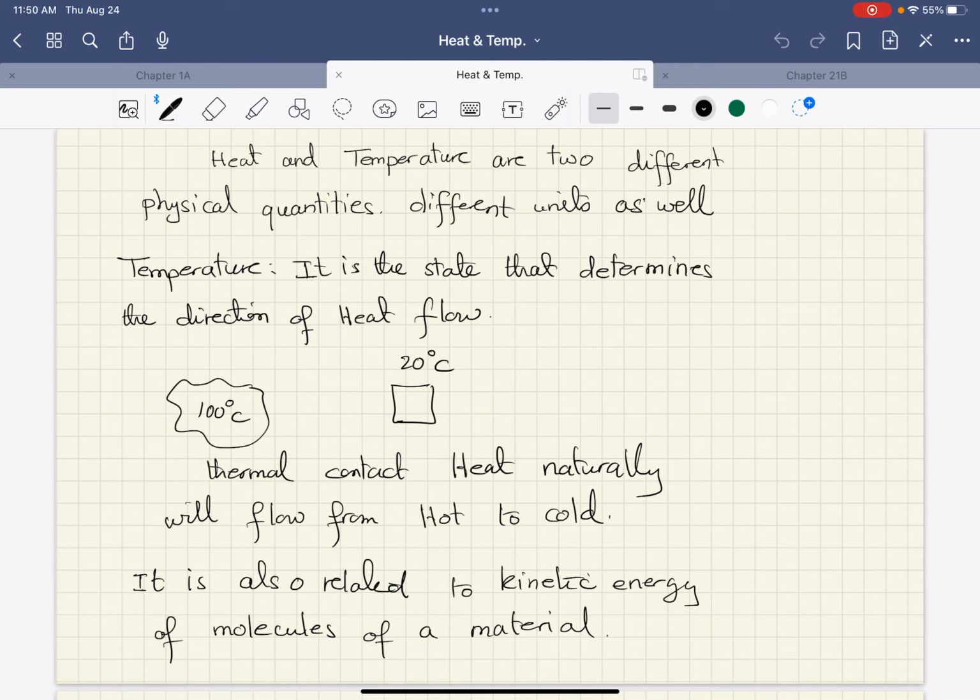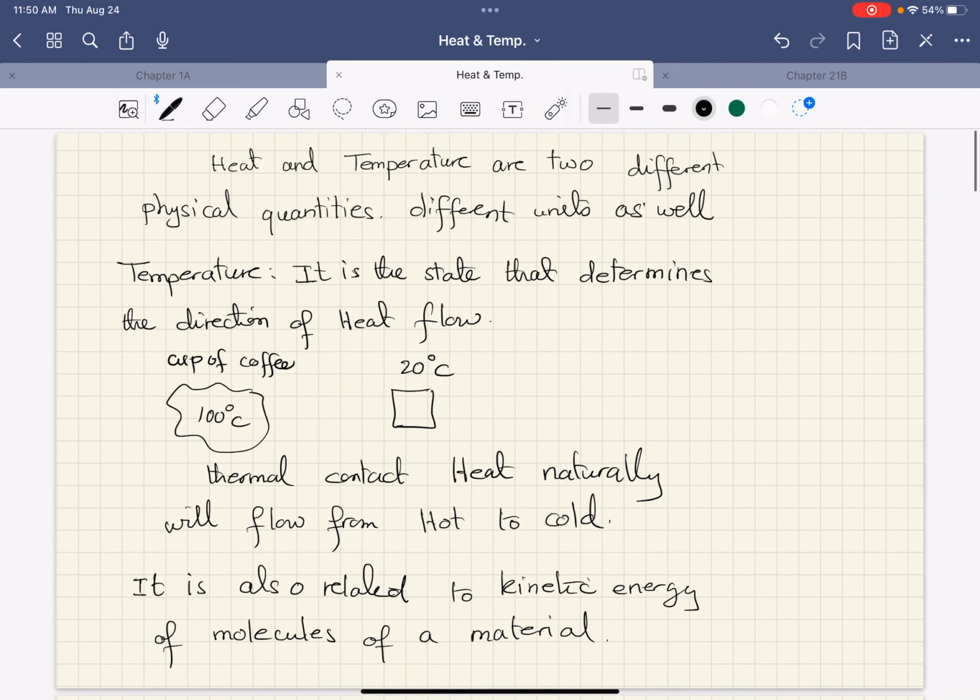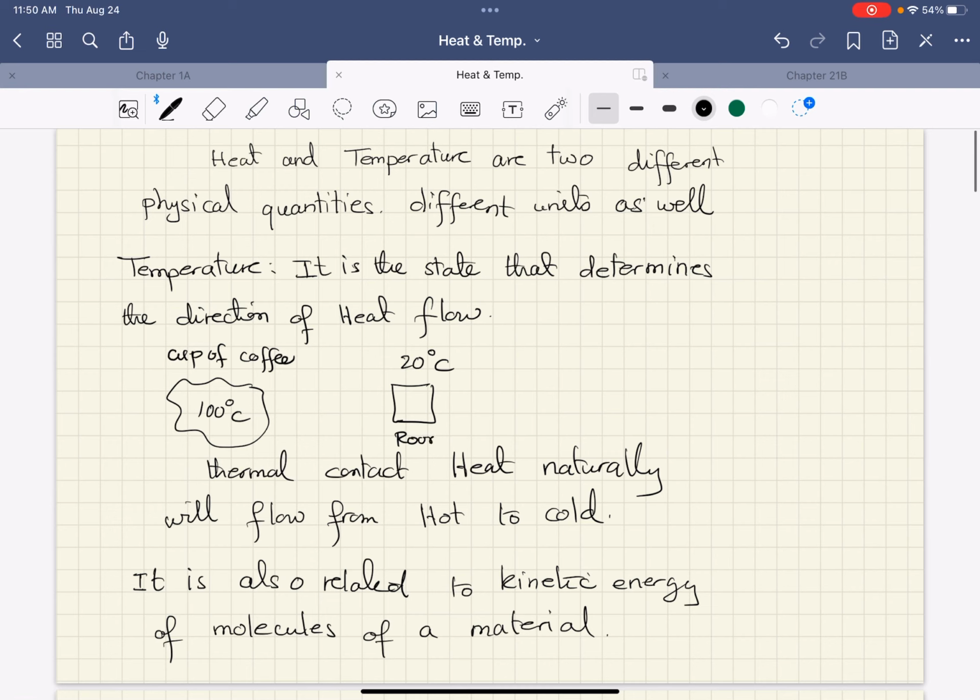Now, we define temperature as the state that determines the direction of heat. For example, here, if you have a cup of coffee, let's say, and it is at 100 degrees Celsius, and this is the air in the room, then the heat will be transferred from the higher temperature to the lower temperature.